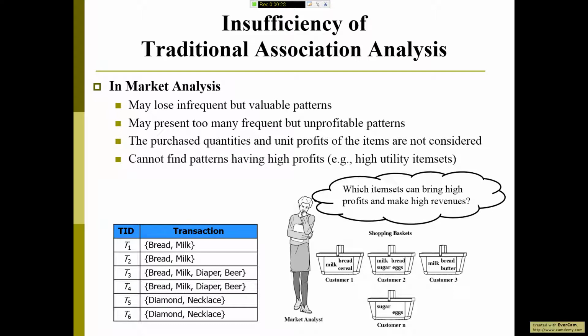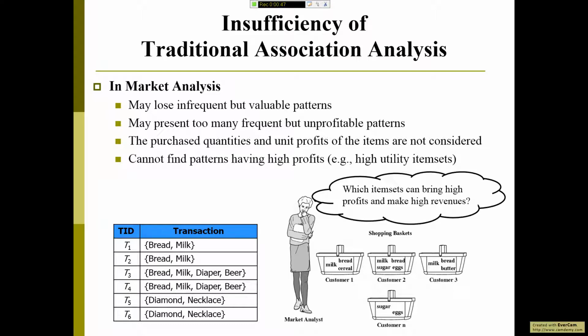However, in this real-life application, it may lose infrequent but valuable patterns. It may present too many frequent but unprofitable patterns because the purchase quantities and unit profits of the items are not considered. Therefore, it cannot find patterns having high profits.